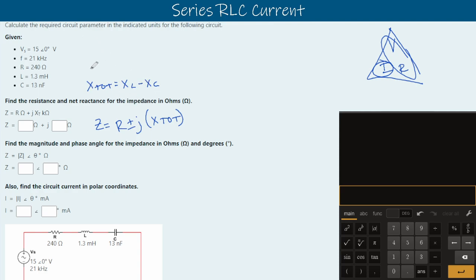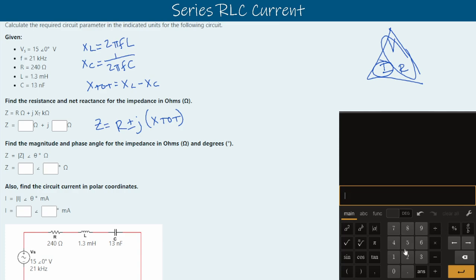So we need to find XL and XC. XL is the 2 pi FL equation, and XC is the 1 over 2 pi FC equation. We'll plug both of those in here.